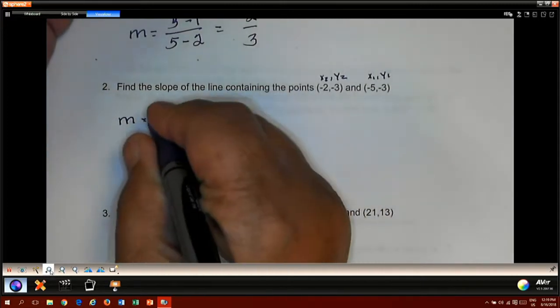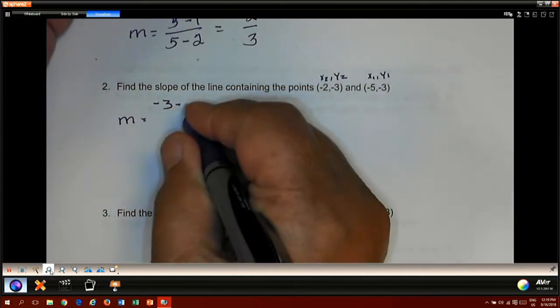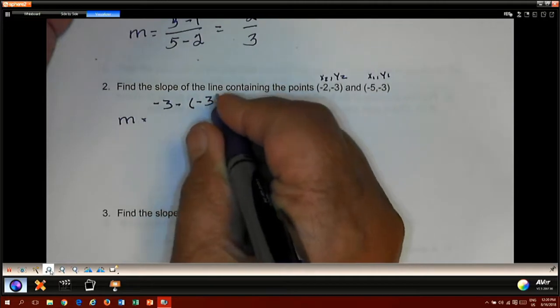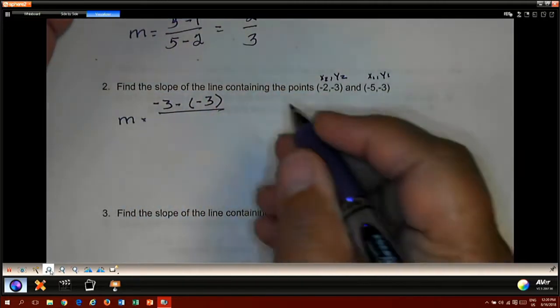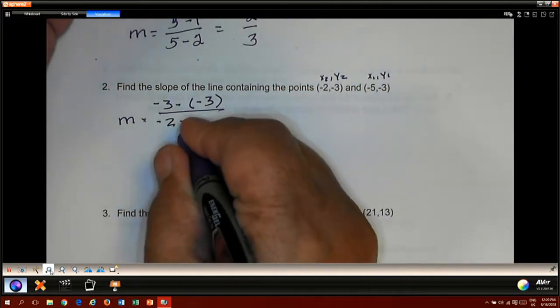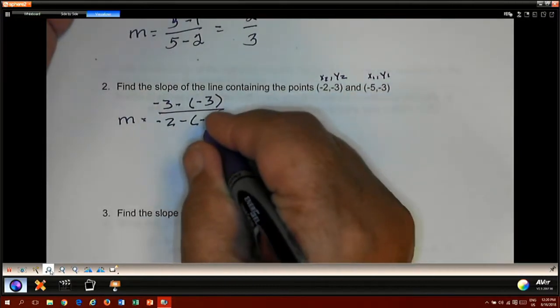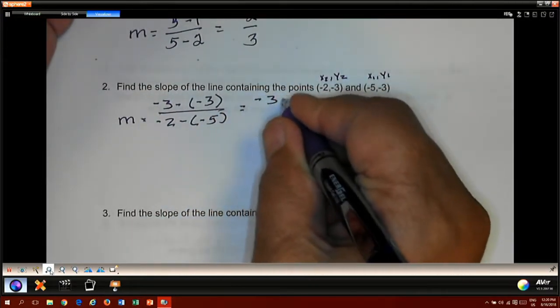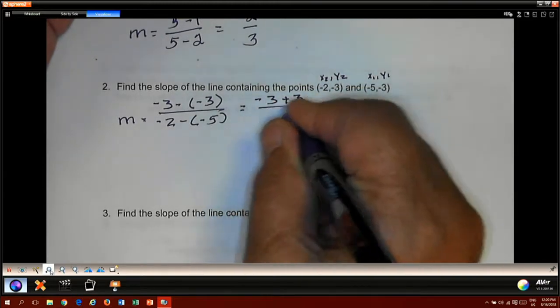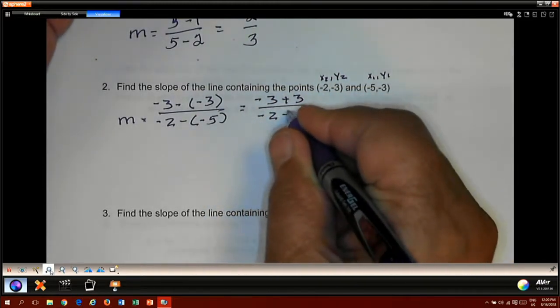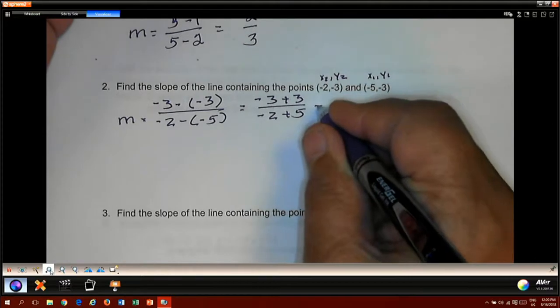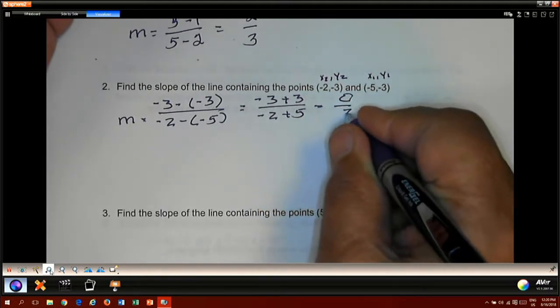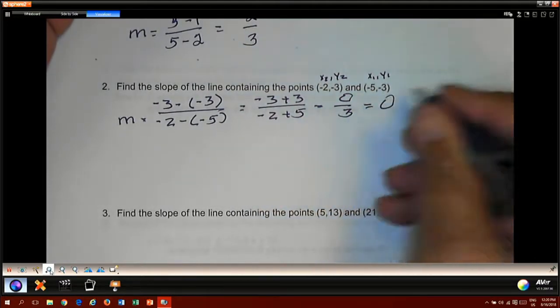So the slope will be -3 minus a -3 over -2 minus a -5, which gives us -3 plus 3 over -2 plus 5, which is 0 over 3, which is 0.